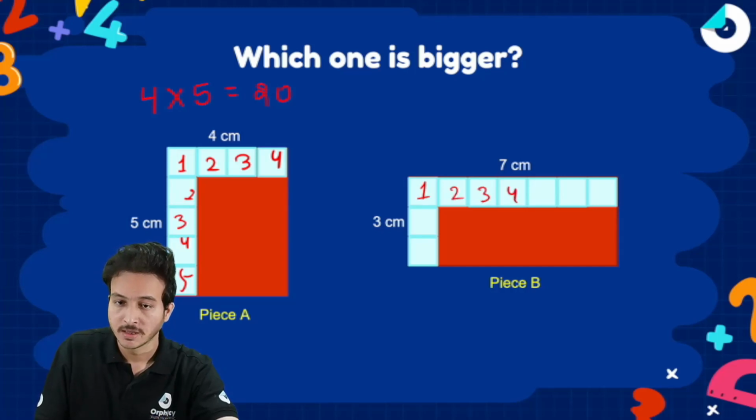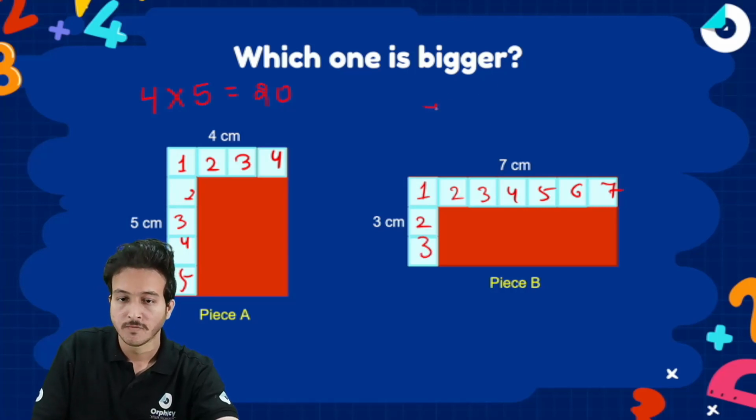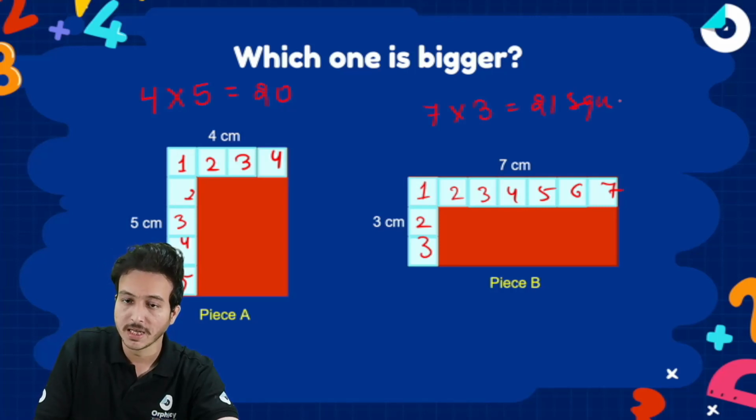We will see that the number of squares needed over here is 7 along the row and 3 along the column. So we will say we need 7 into 3, that is 21 squares to completely cover it.